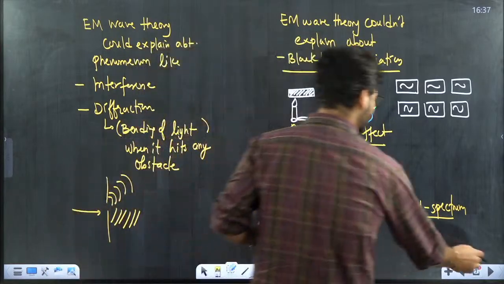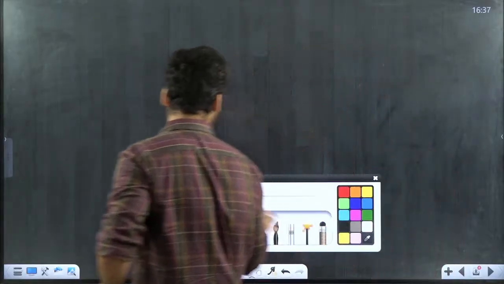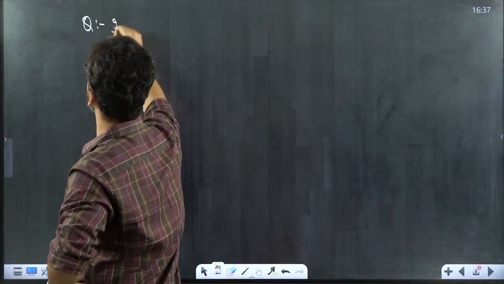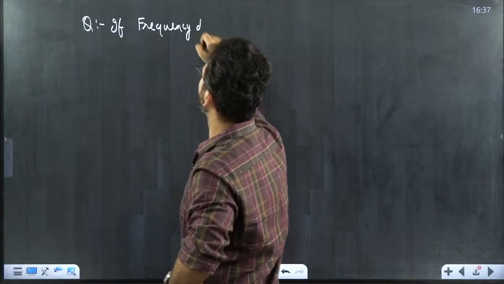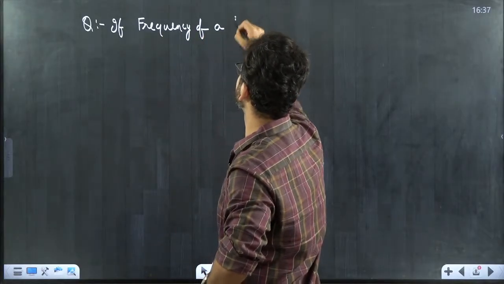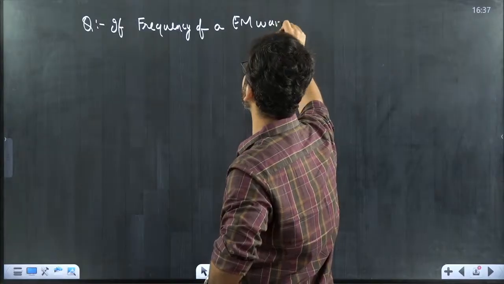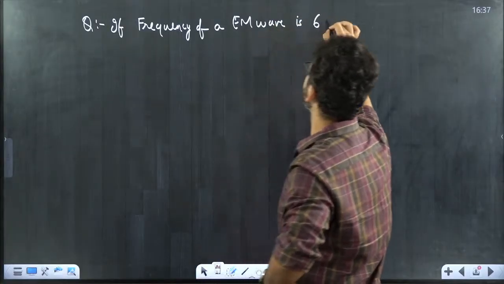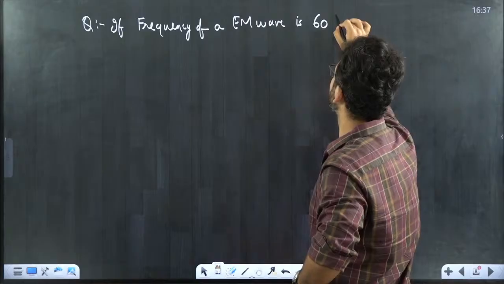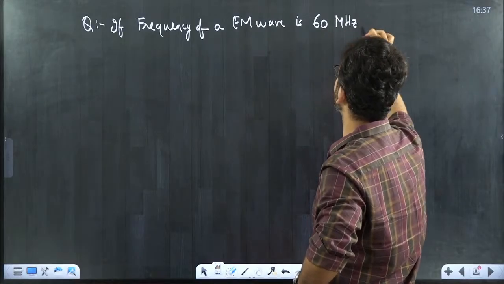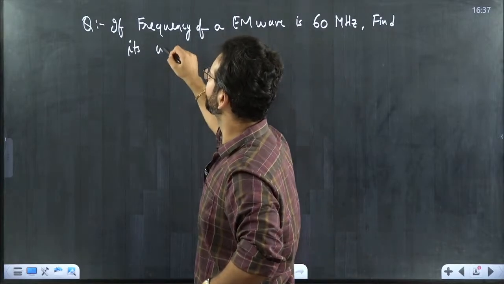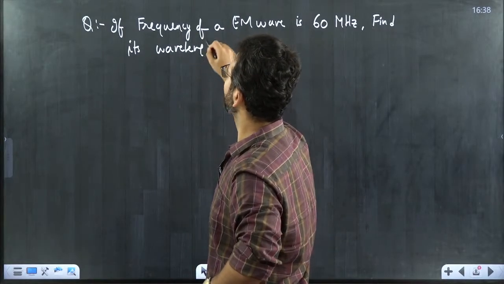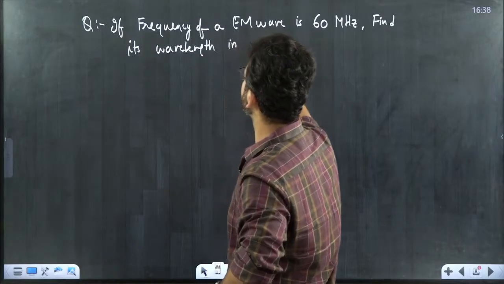Okay, so let's do one problem before moving ahead. The problem can be asked like this. If the frequency of an electromagnetic wave is 60 megahertz, find its wavelength in nanometer.